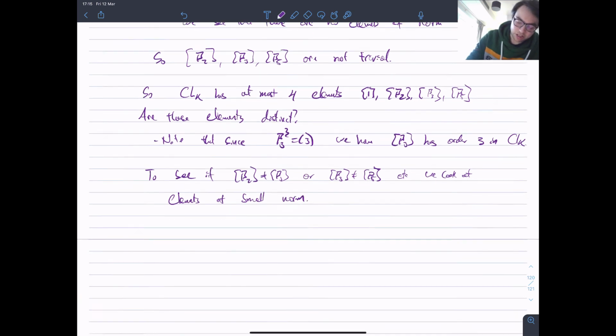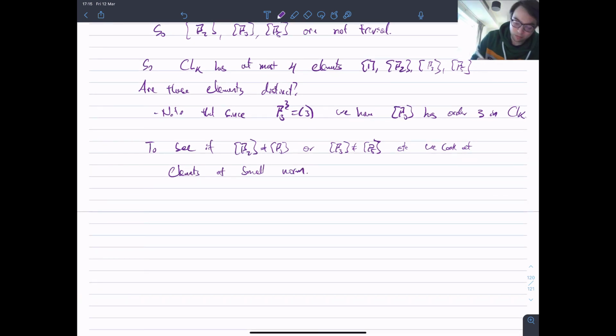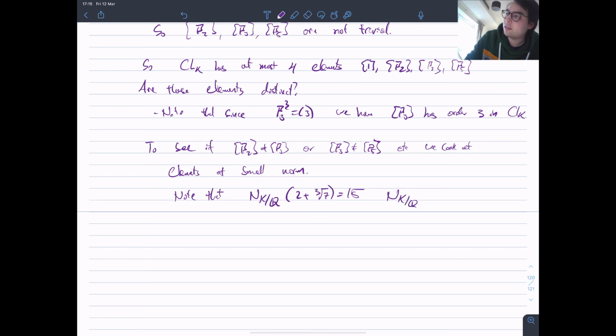In this case, maybe it's cheating, but here's what I'm trying to get to. You might notice that the following element, 2 plus the cube root of 7, so 2 plus alpha, has norm 15, and here's another element, minus 1 plus cube root of 7, which has norm 6.